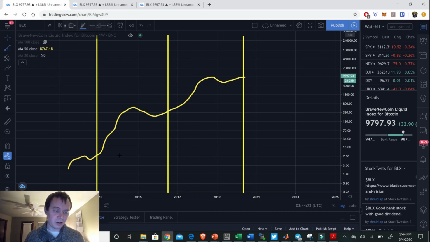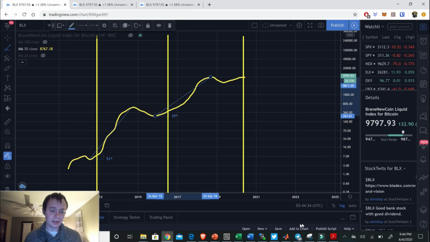So again, let's draw some angles. We're going to go from the bottom to the peak. That's around 51 degrees. Again, from around the bottom to the peak, that's around 35 degrees. So it's a pretty significant drop from the bottom to the peak in terms of the 50-week moving average.